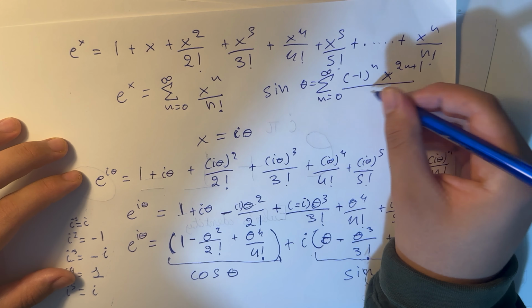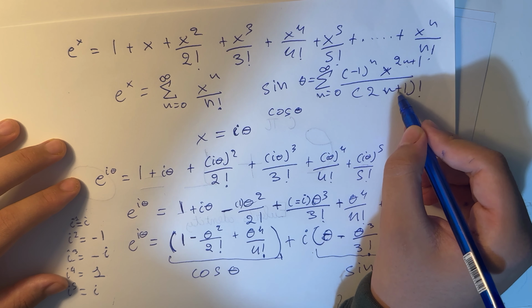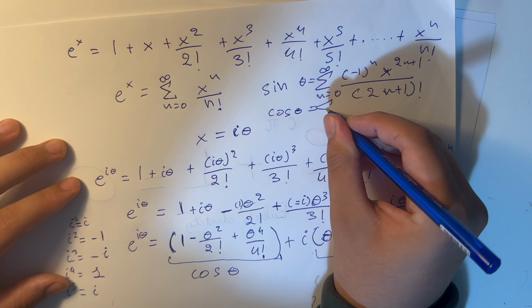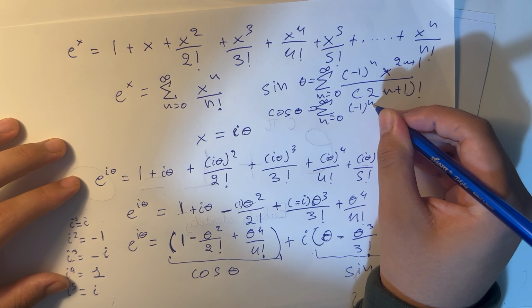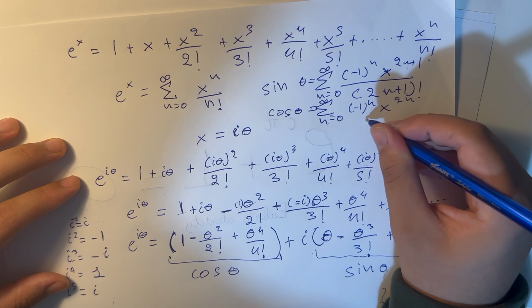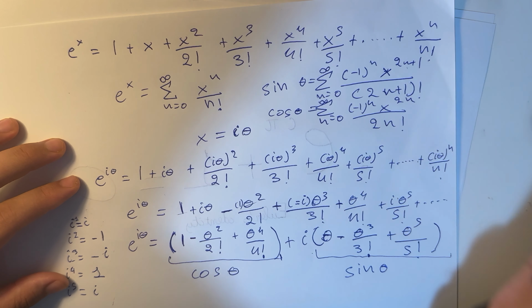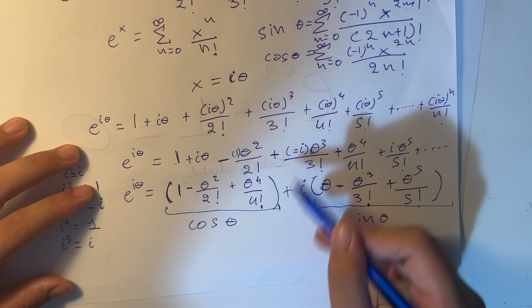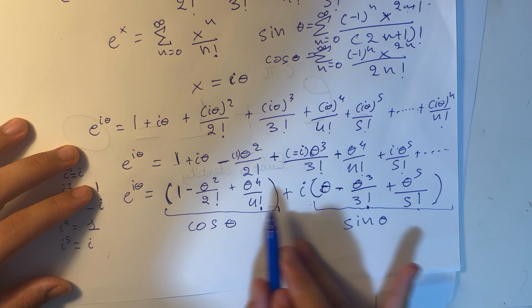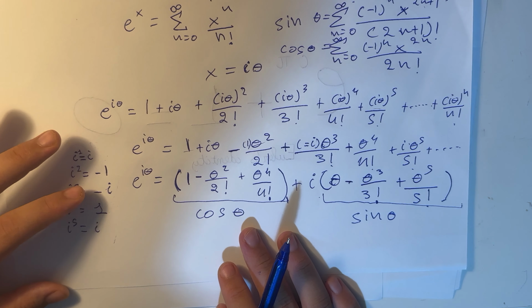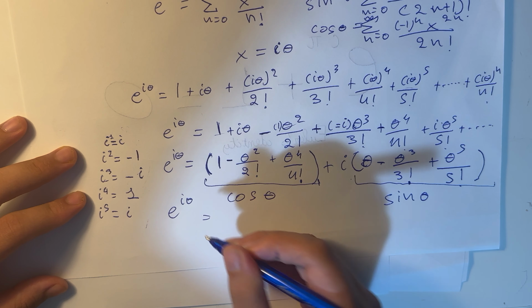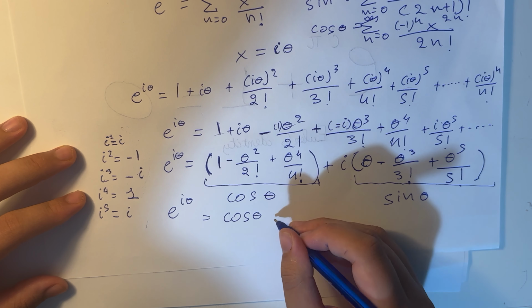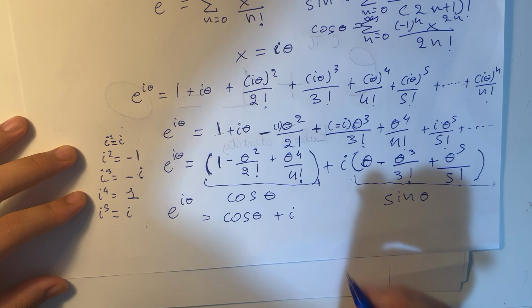And cosine theta is just this, but whenever you see the plus 1, you remove that. So cosine theta is the summation from n equals 0 to infinity of negative 1 to the n times x to the 2n over 2n factorial. If you plug in your values for theta, you're going to find that these are the Taylor series expansions. So we can rewrite e to the i theta equals cosine theta plus i times sine theta.